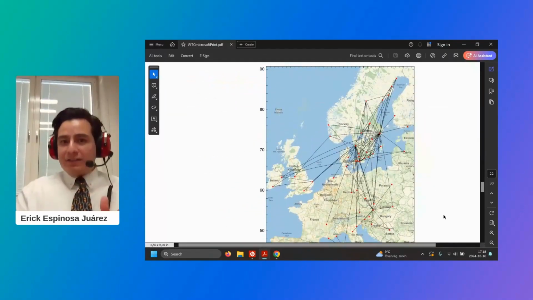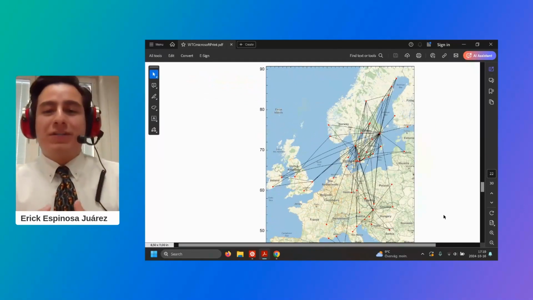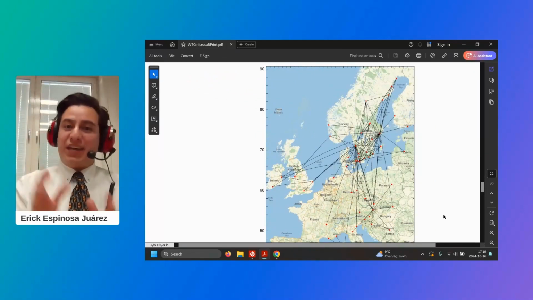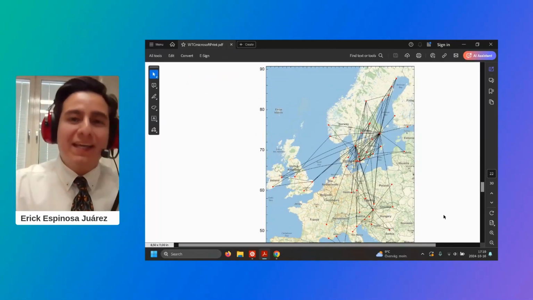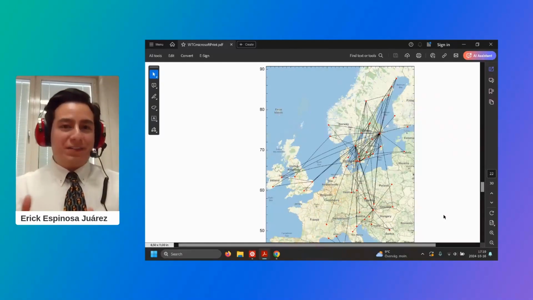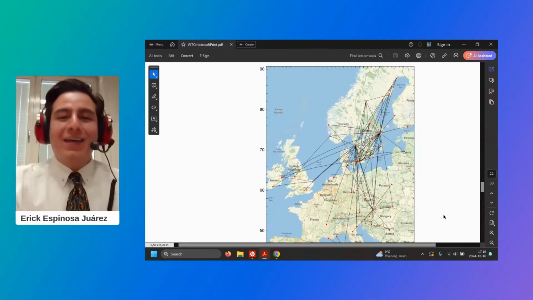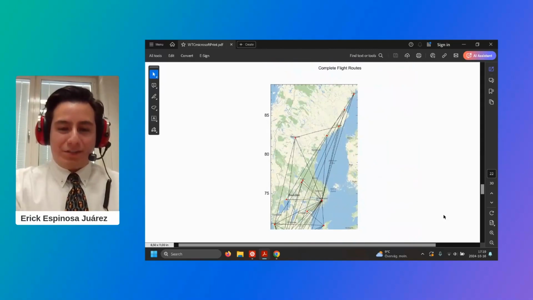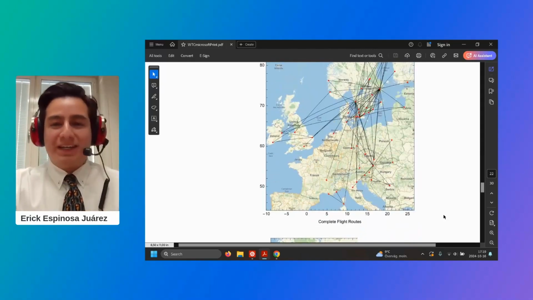Not only that, you can of course sort the operation by the tail number. If you want to see a single airplane, you can see if it's domestic or international. For example, this is just domestic, and this would be of course domestic and international.